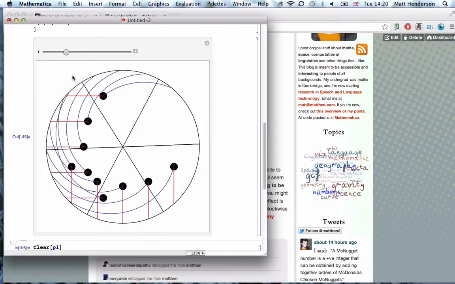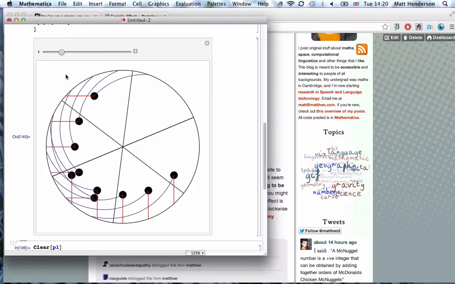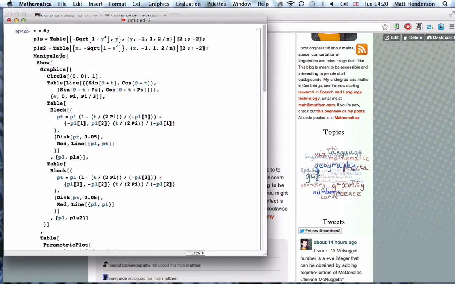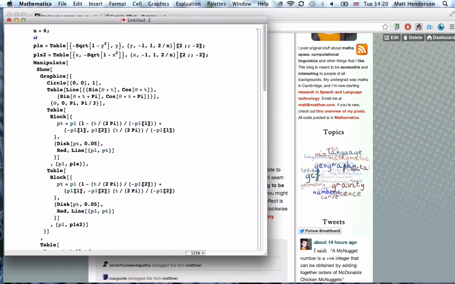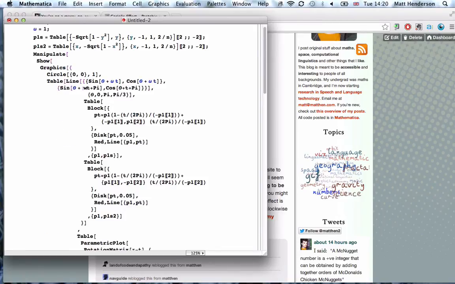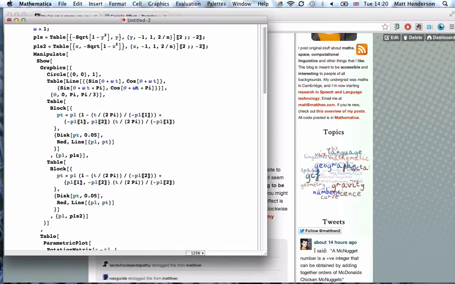Maybe it's all rotating too quickly. So maybe I'll add a variable omega, which is this rotational speed, so at the moment it's 1. And then it'll be plus omega t for the rotation of the spokes, which make up the disk here.